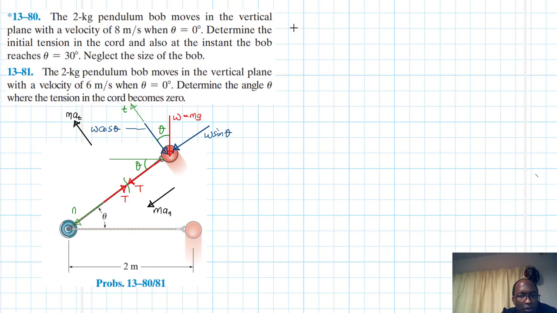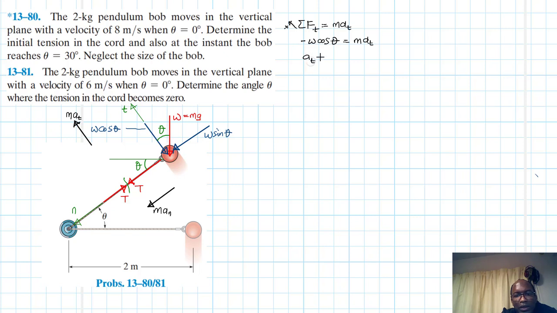So let's write down the equations. Let's start with the t. So say the summation of forces along the t-axis is just going to be equal to ma_t, going in that direction being our positive. Therefore, we'll have the following. I'll have minus W cos theta equal to ma_t.